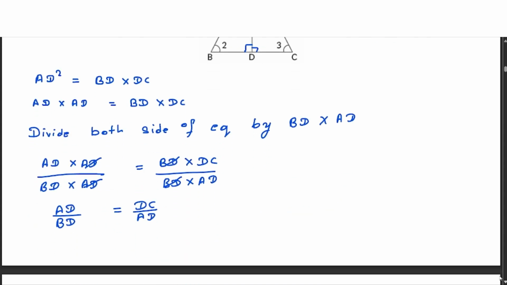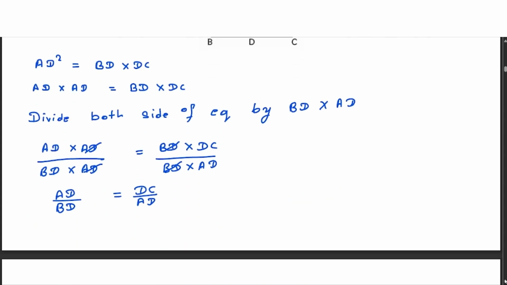So now consider triangle ABD and triangle ACD. You can see we have taken these two triangles, so we can say AD over BD is equal to DC over AD.